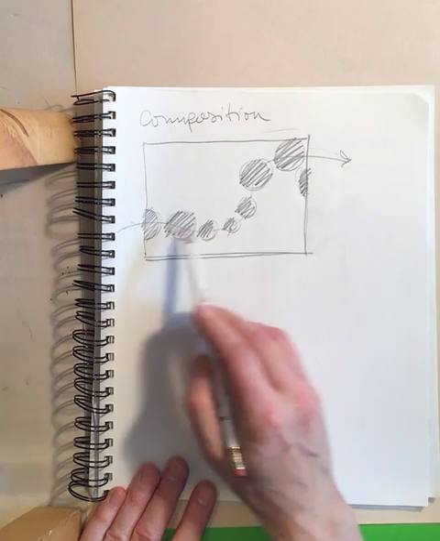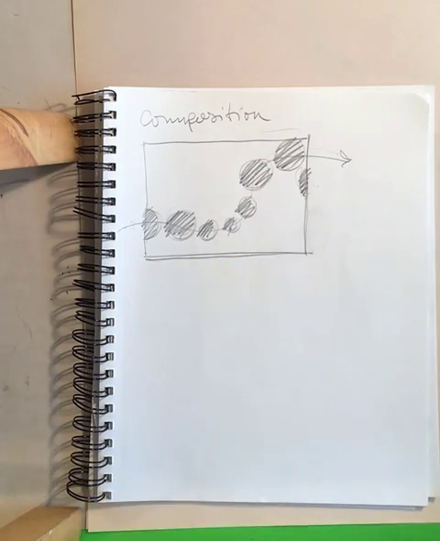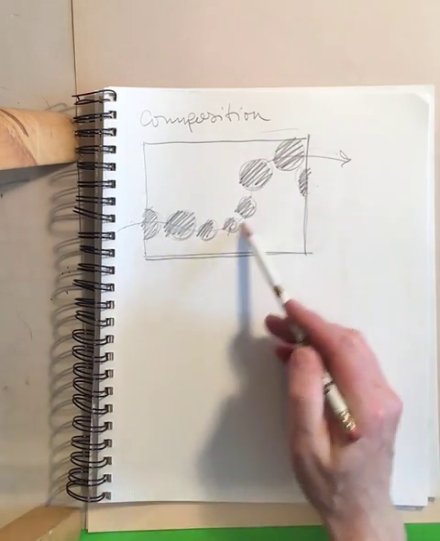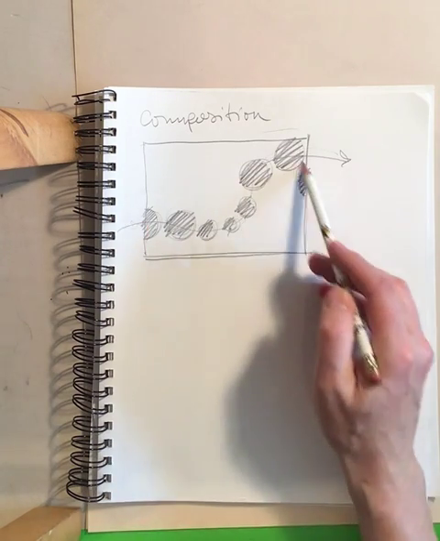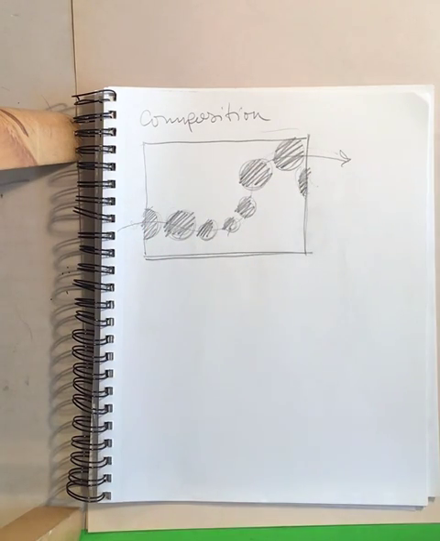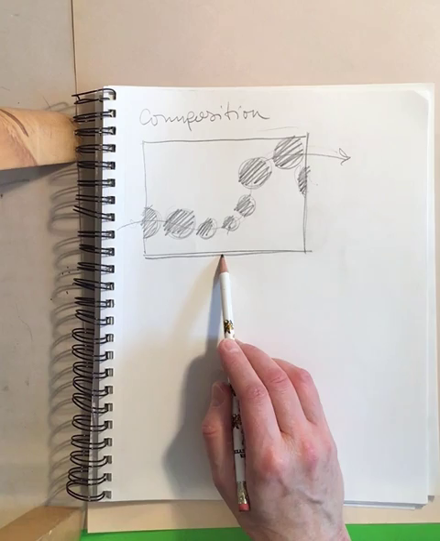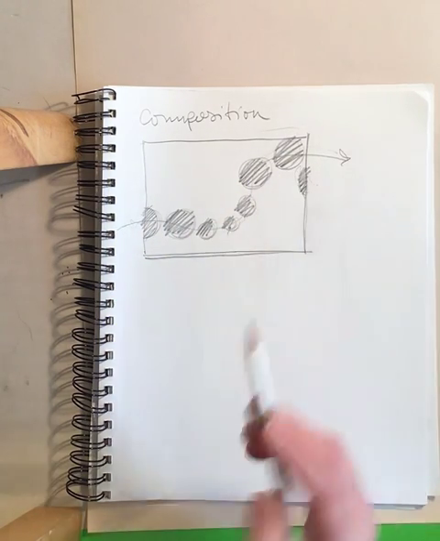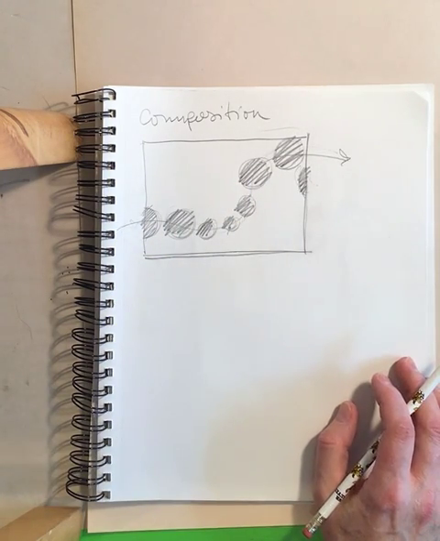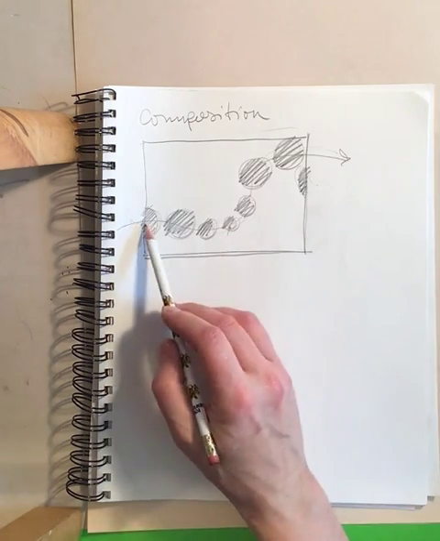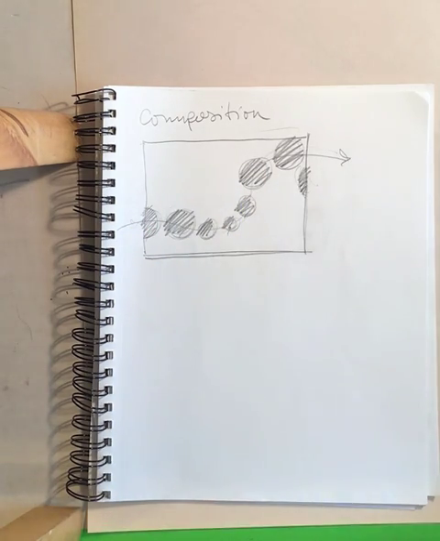So if I'm trying to make this progression through space, which is what I have just done there, this creates an experience for the viewer, and that is one way to show this.